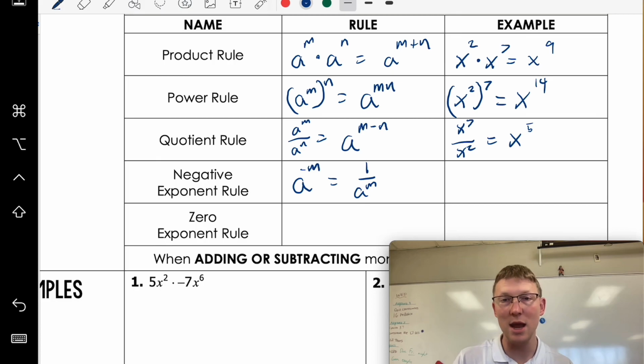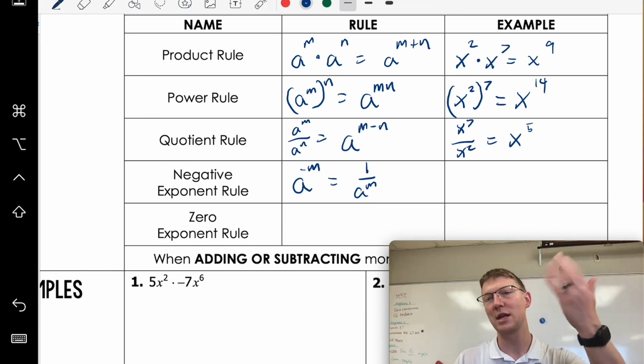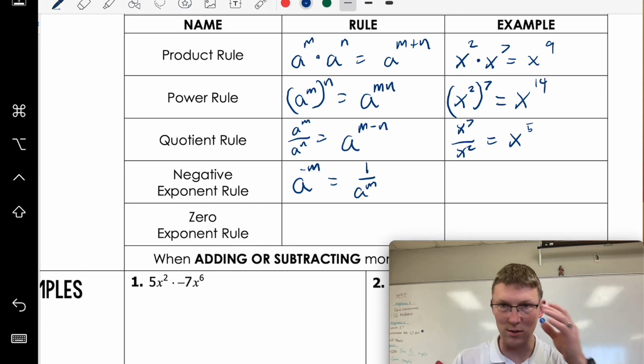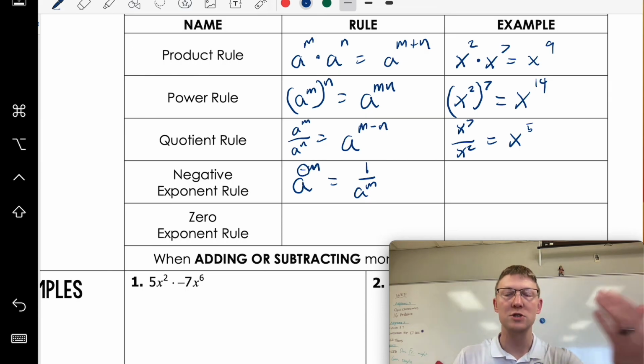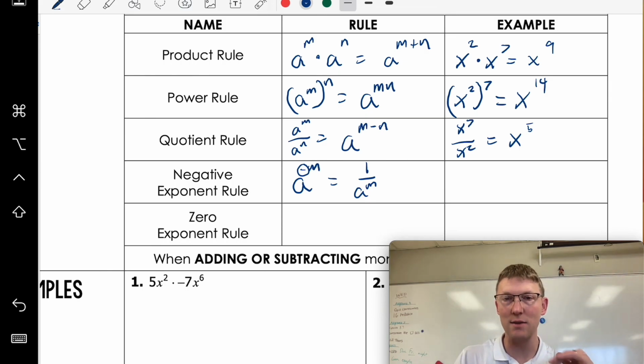Notice how the negative sign goes away because it goes into the denominator. Now it works the opposite direction too. If it was 1 over a raised to the negative mth power, then you would switch that up to the numerator. So long story short, this negative sign in the exponent just flips it to the other side of the fraction.